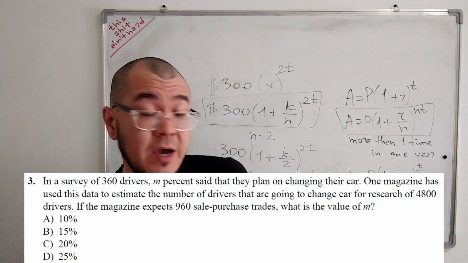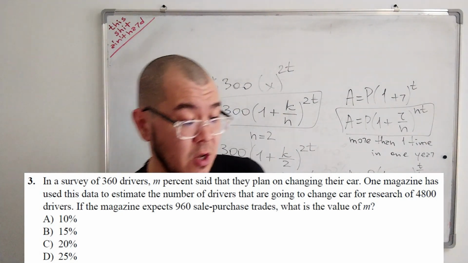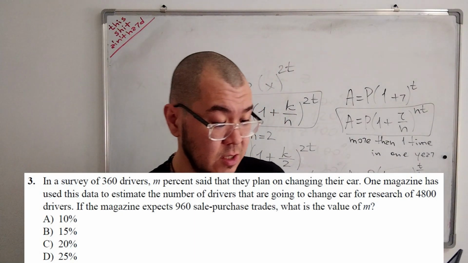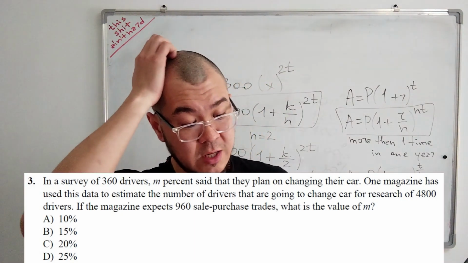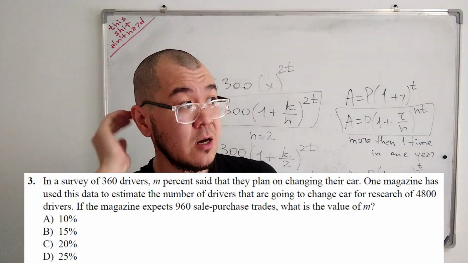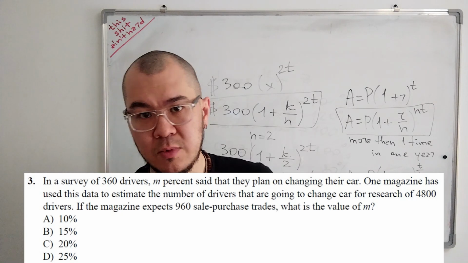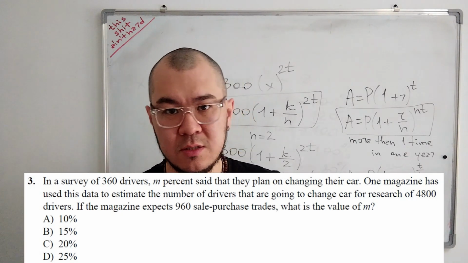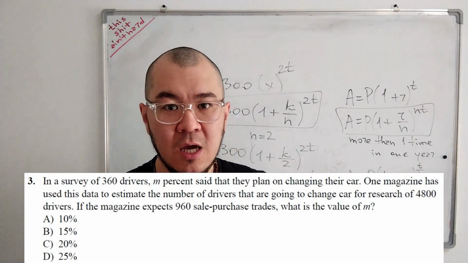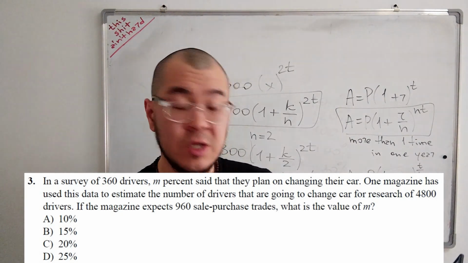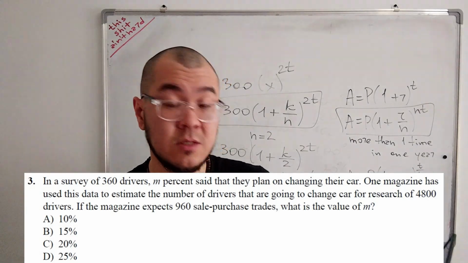So just dividing 960 over 4,800, we got 0.2, and 0.2, when we convert it to percents by multiplying by 100, we get 20%. So the answer is C.